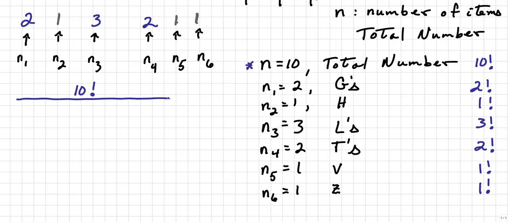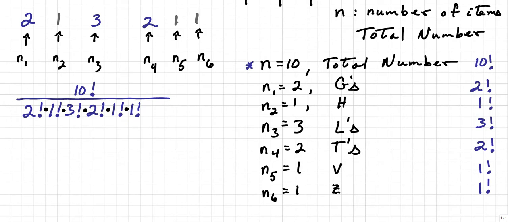Everything else will be multiplied together in the denominator. So we'll have 2 factorial times 1 factorial times 3 factorial times 2 factorial times 1 factorial times 1 factorial. And if it makes it easier for you, put a little multiplication symbol between each one of these so that you know how many times you have to multiply out.